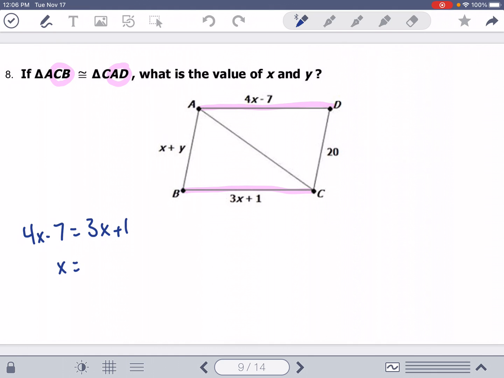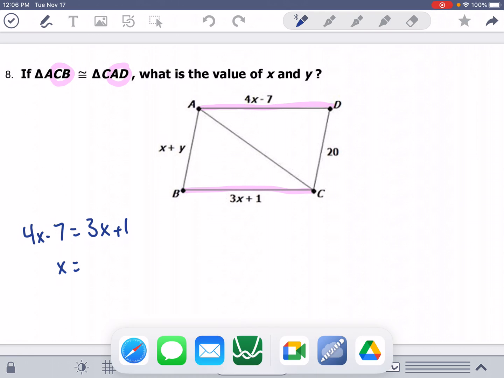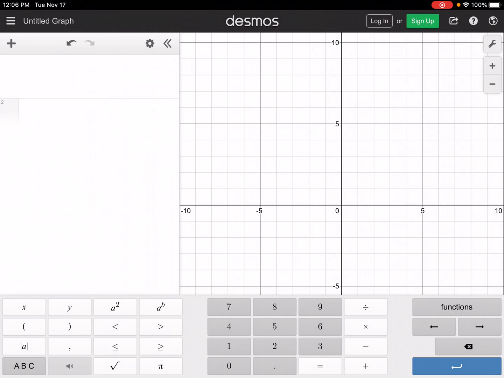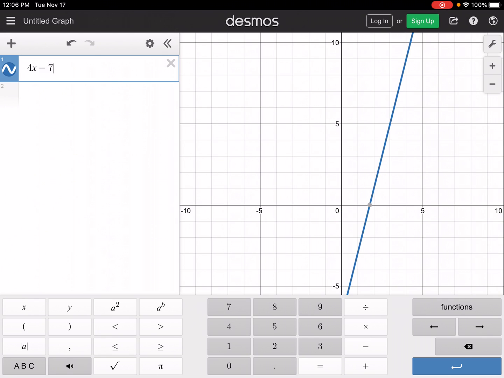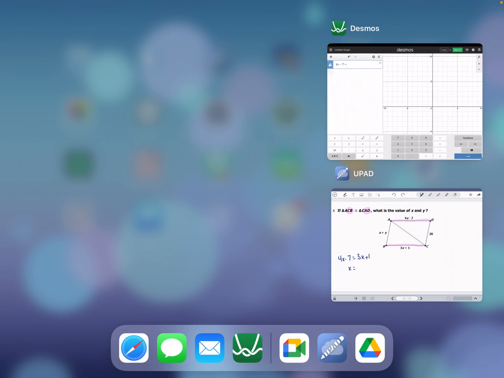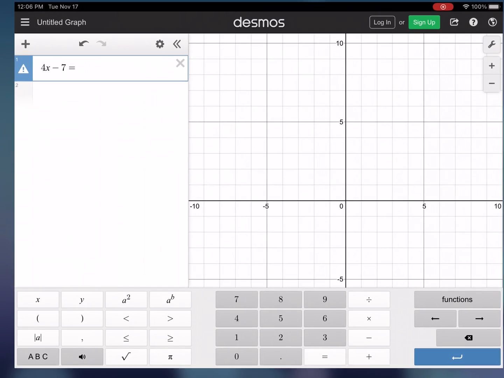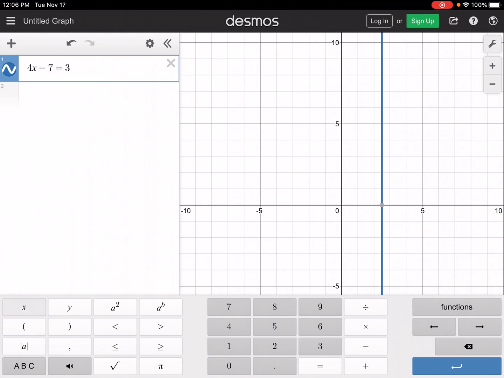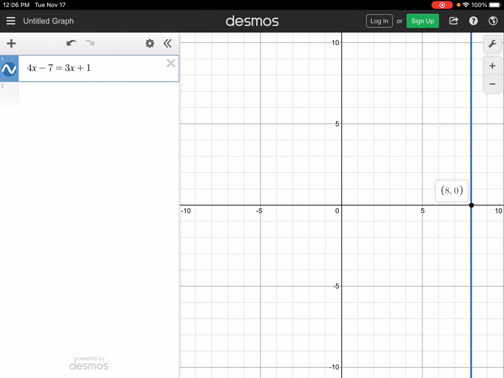And I can solve for x. So 4x minus 7 equals 3x plus 1. X is 8.